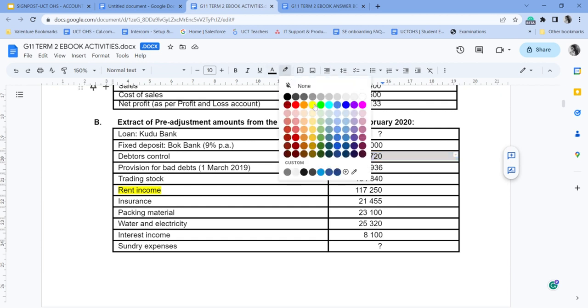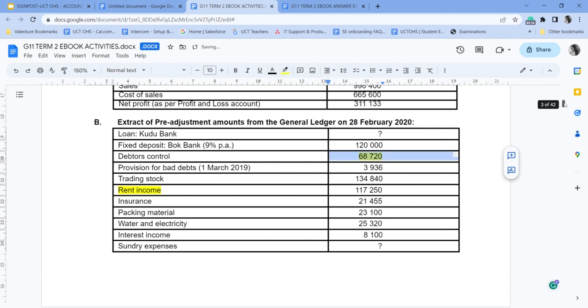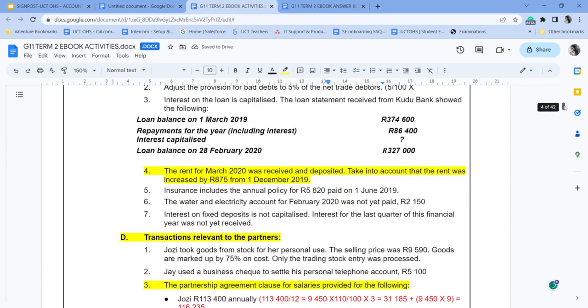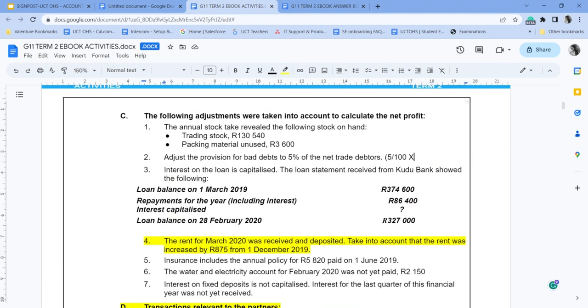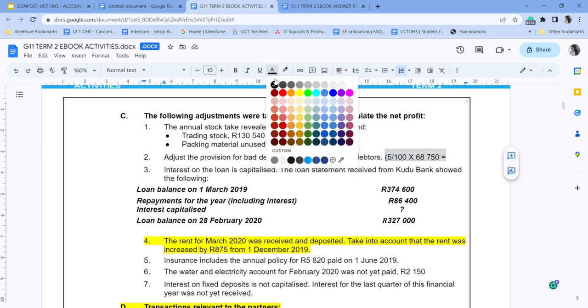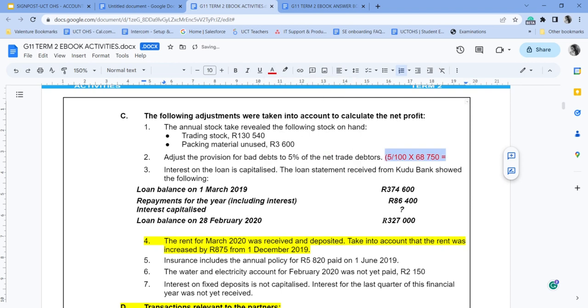Okay, so apply this in your calculator. You pause the video and you do the calculation on your side. Okay, let me see how much I am getting. So on my side, I am actually getting 3,438.